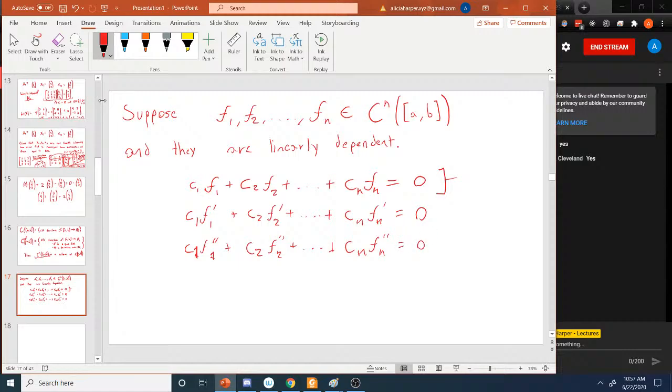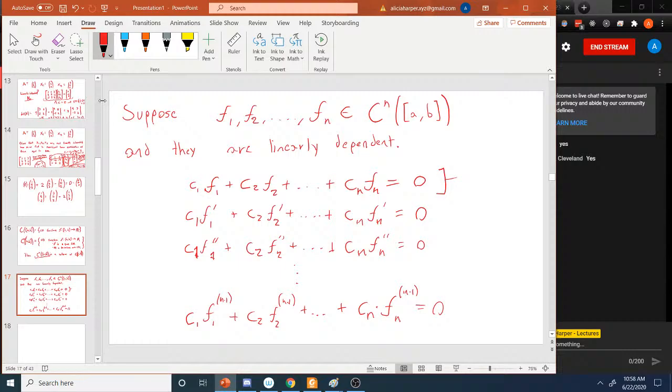And these functions have n derivatives, so I can just keep doing this process over and over again until I get all the way down to C1 times f1, and here I will do the n minus 1th derivative, plus C2 times f2, taking the n minus 1 derivative of that, plus and so on, Cn times fn, taking the n minus 1th derivative of that, and that's also equal to 0.